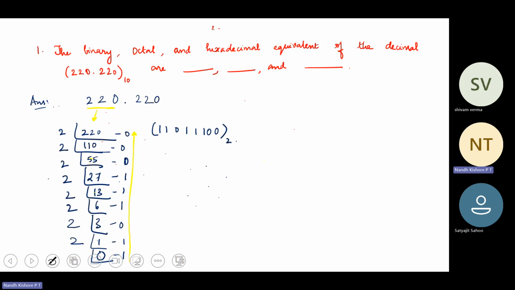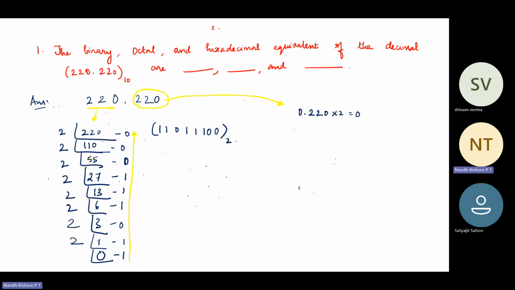But what about the number after the decimal? For the part after the decimal, you do the complementary operation, that is, you multiply. Your fractional part is 0.220, and you multiply it by 2.